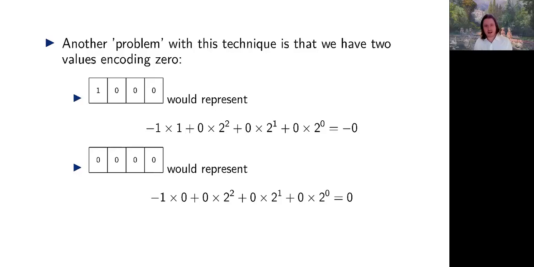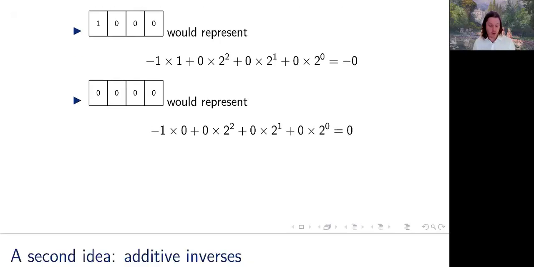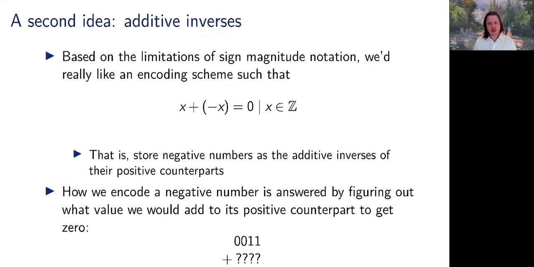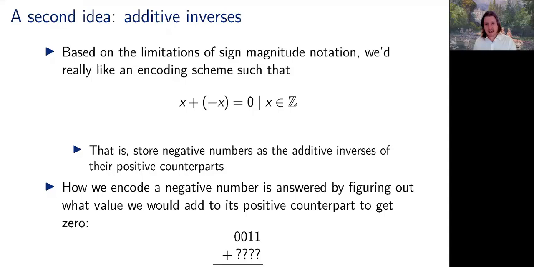If the most significant bit is not set and it is 0, well, in that case, we have, I guess you could say, positive 0. Anyhow, we have two different encodings for 0. So let's go ahead and get into a second idea, which is going to make the math more friendly to the math that you're so familiar with.